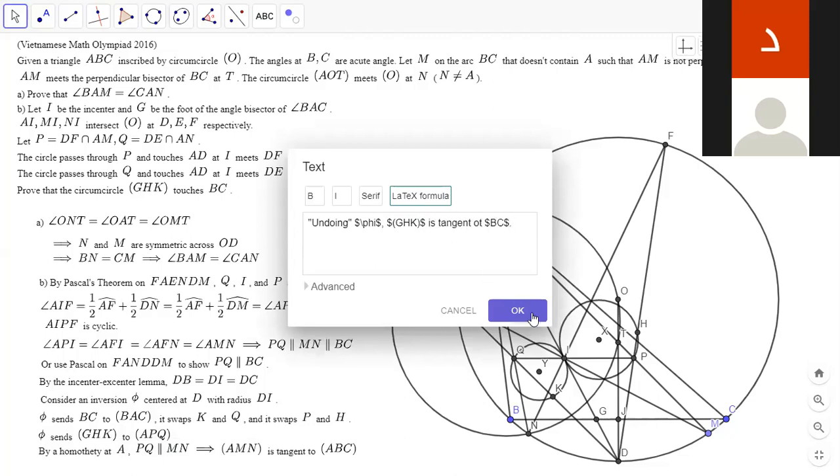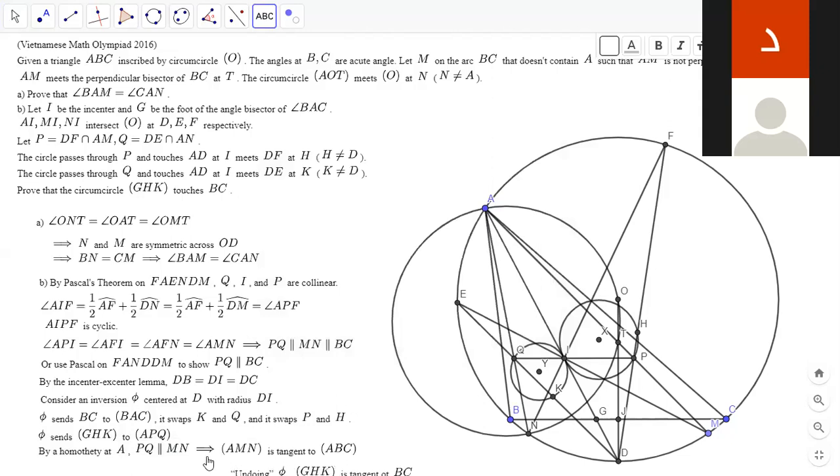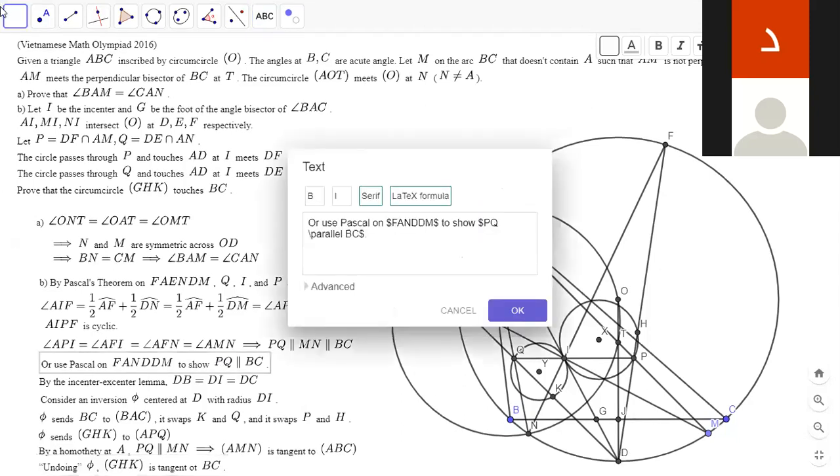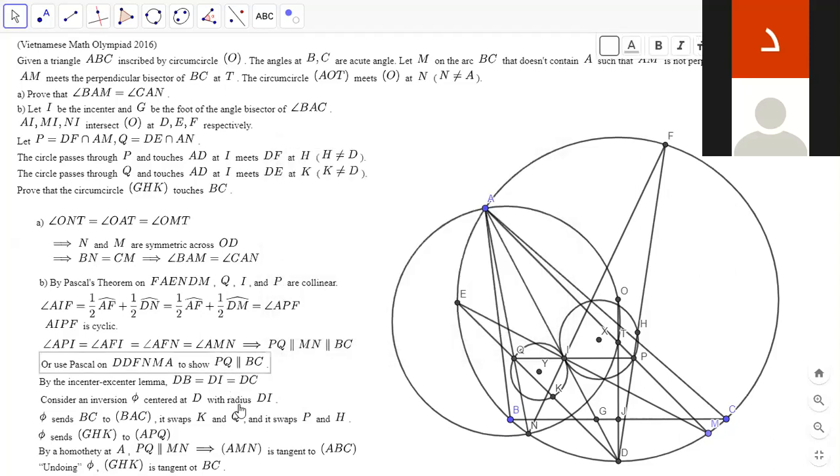All right. It's still not obvious that this swap's tangent. Oh, DDF, NMA. Okay. So the question is this step. Oh, because DI squared is DK times DQ.